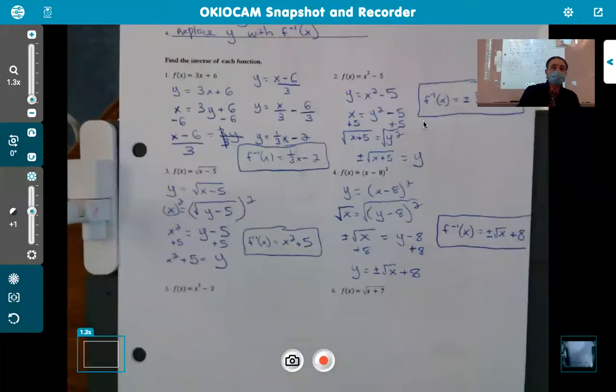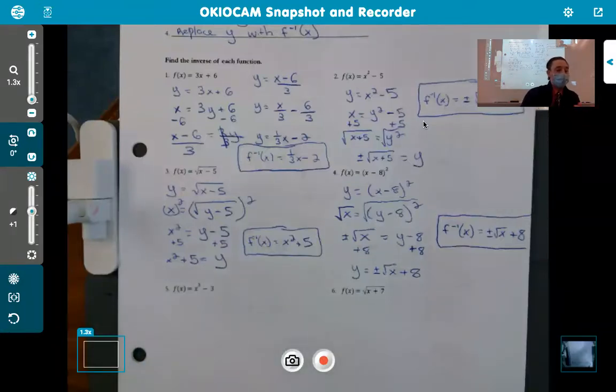Okay. Any questions about that example or any of the examples that we've done on this first page? Any questions at all? Okay.